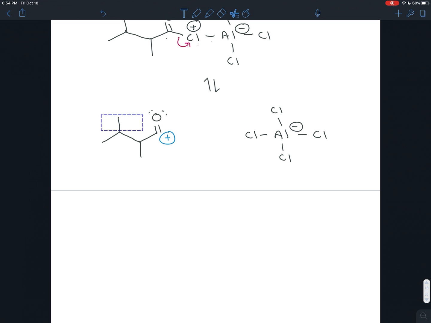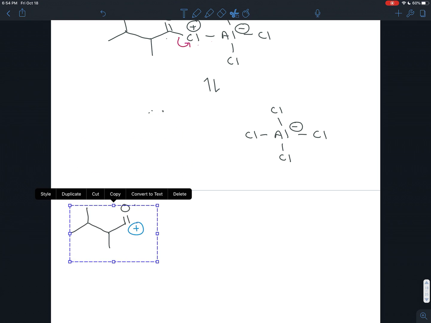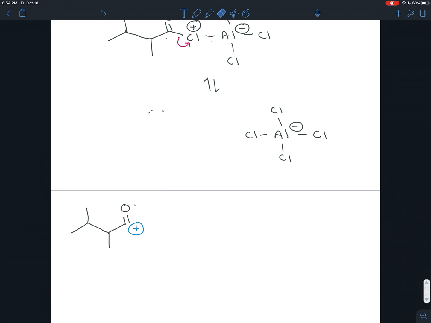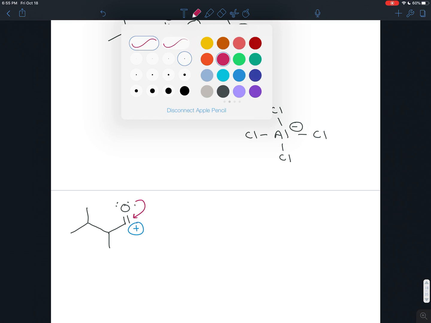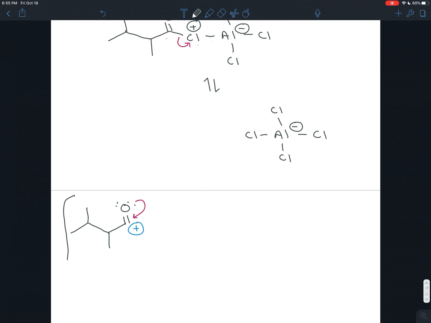Lone pairs next to a positive charge, that's one of the 5 resonance patterns. Those lone pairs can go toward the positive charge. I'm going to put these in brackets. Use the resonance arrow to tell you that the true structure is only the average of the 2.